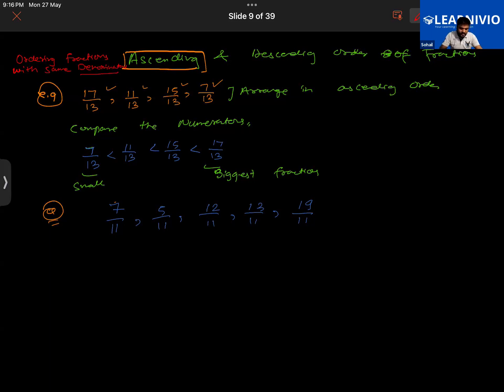Right now we are ordering fractions with the same denominator. Which is the first one? 5 by 11, and then 7 by 11, next 12 by 11, and 13 by 11, and 19 by 11.